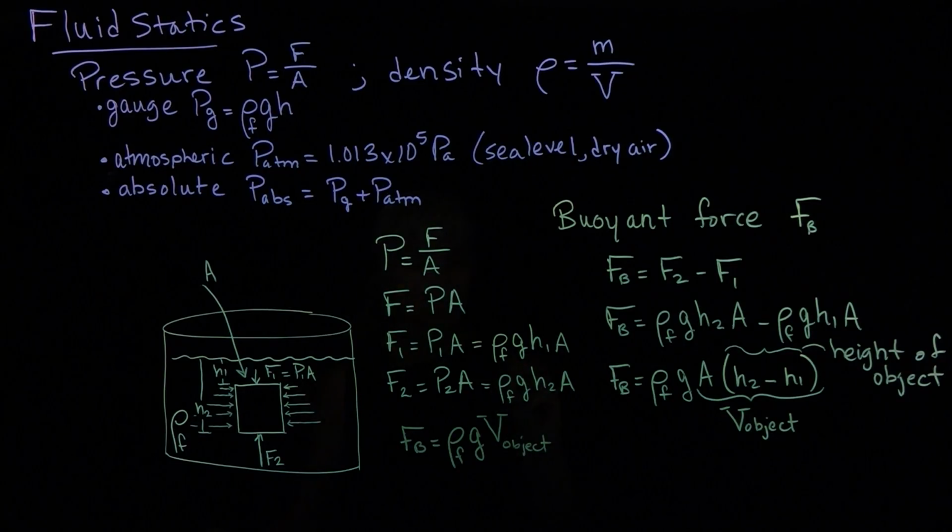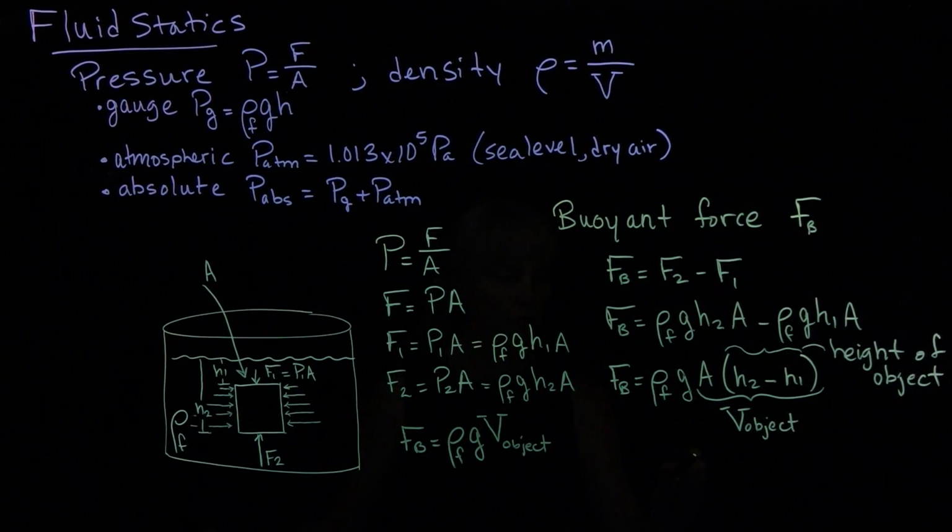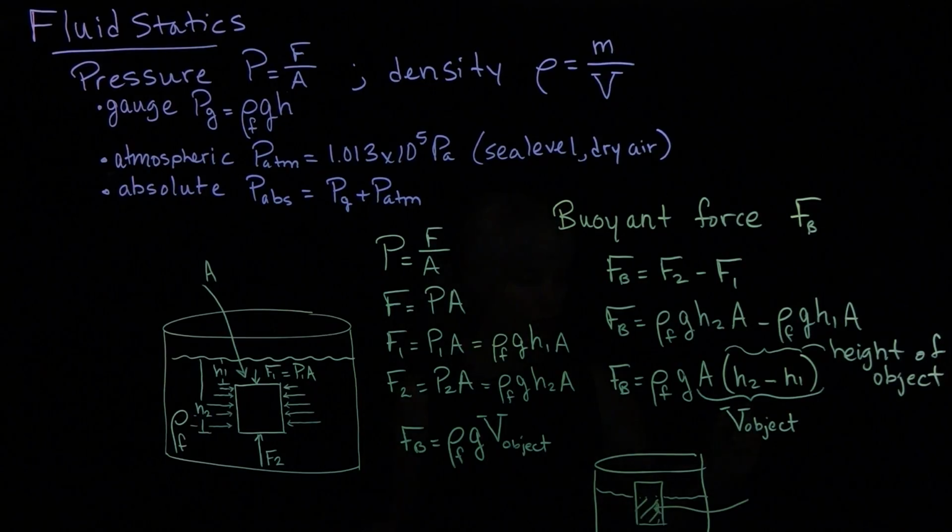Now, if only part of the object is submerged, then we would just use that part of the volume of the object that actually lies beneath the surface. In other words, if I have a vat of fluid and I have an object that is only partially submerged, then this part of the volume right here is the part that I would use in the buoyant force equation.